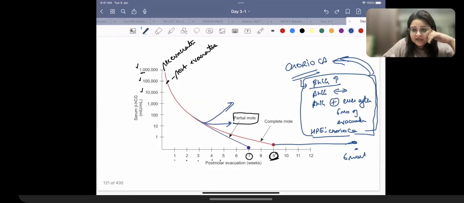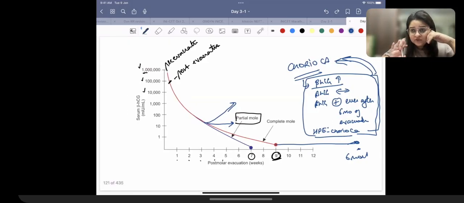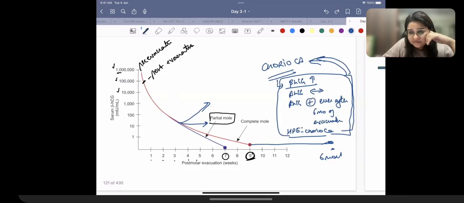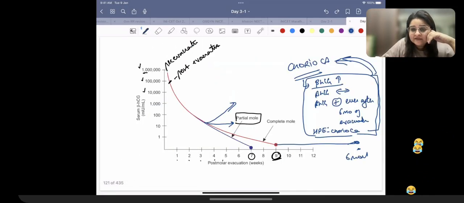And that is why we tell the patient, don't conceive during the surveillance time, she should not be pregnant. That's why effective contraception has to be given. OC pills are completely safe, they can be given. If she gets pregnant, then you continue the pregnancy or advise accordingly.